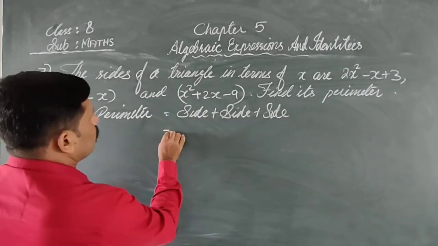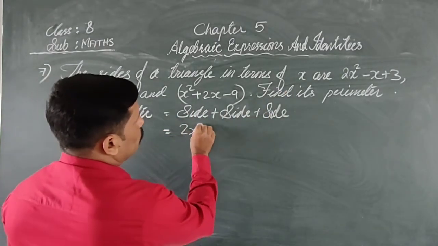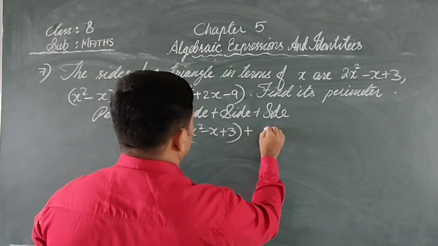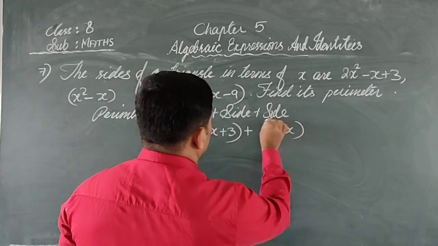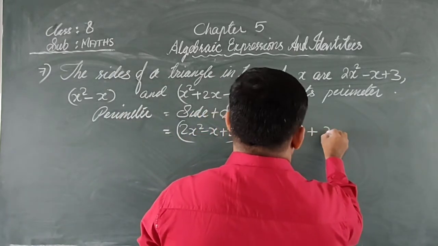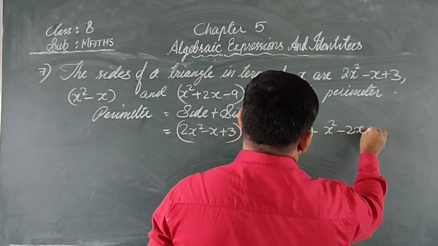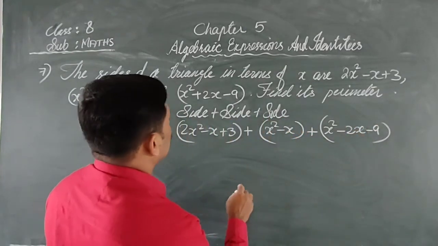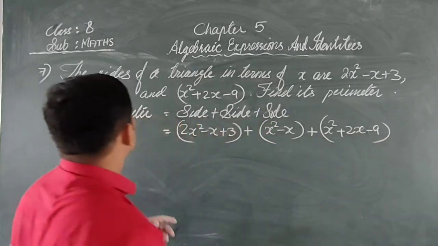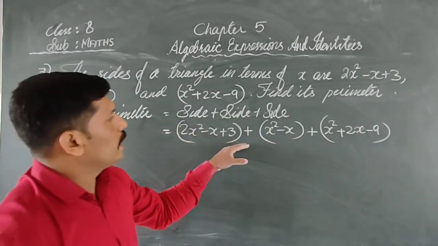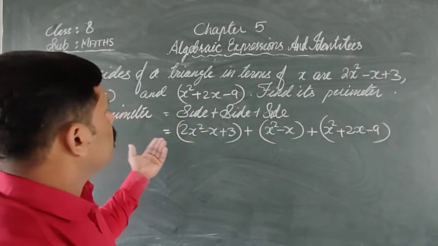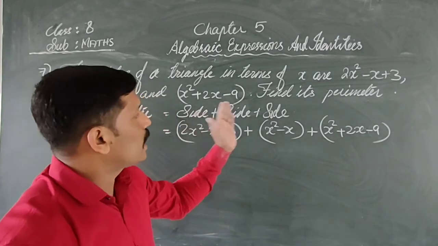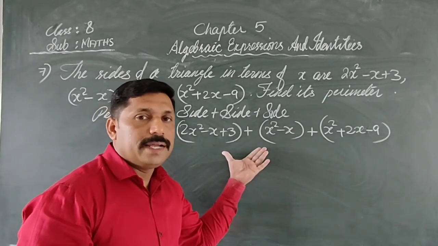So each side is given, we can write that 2x square minus x plus 3 plus next side x square minus x plus next side x square plus 2x minus 9. So these are the three sides of a triangle, and we are asked to find out the perimeter. Perimeter is side plus side plus side. So we are adding the sides.